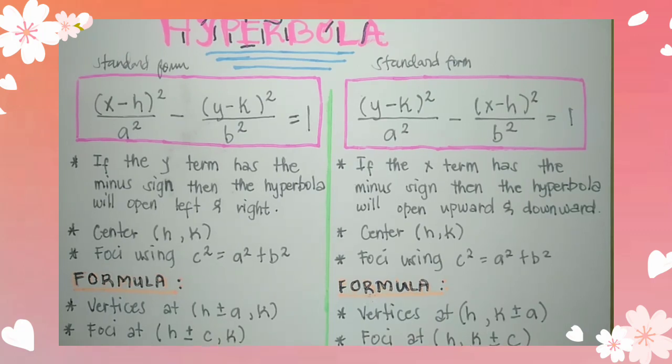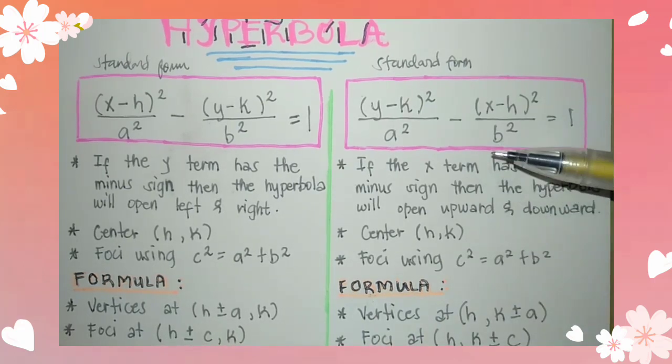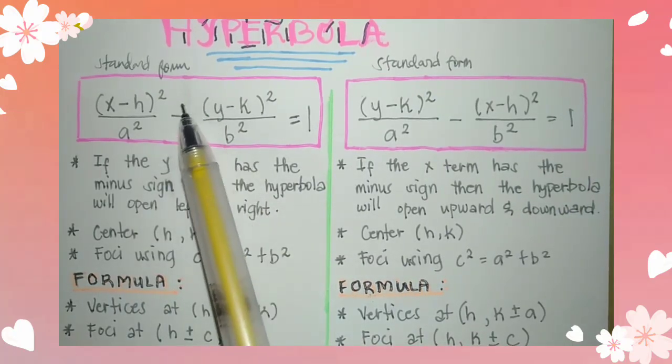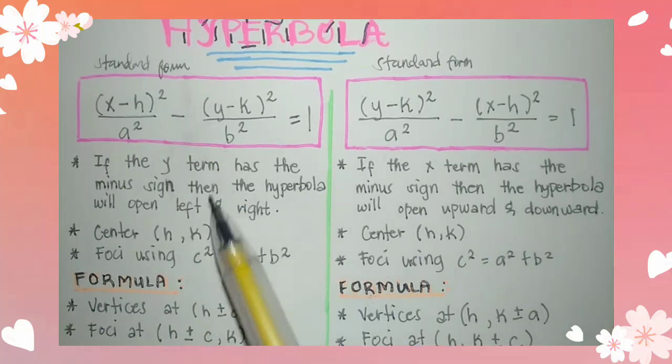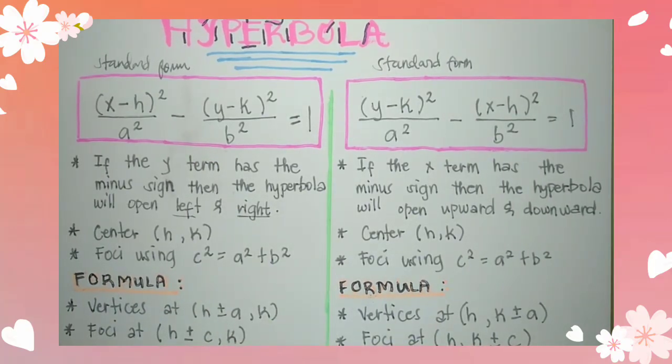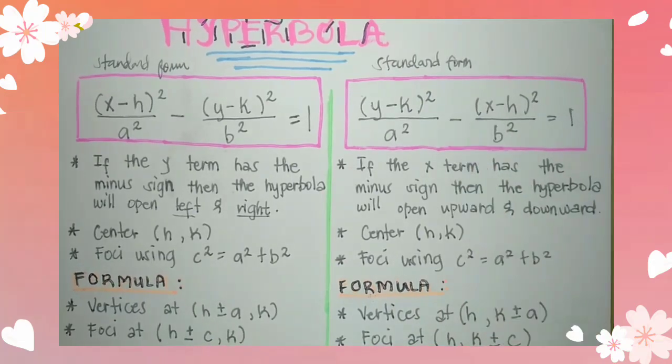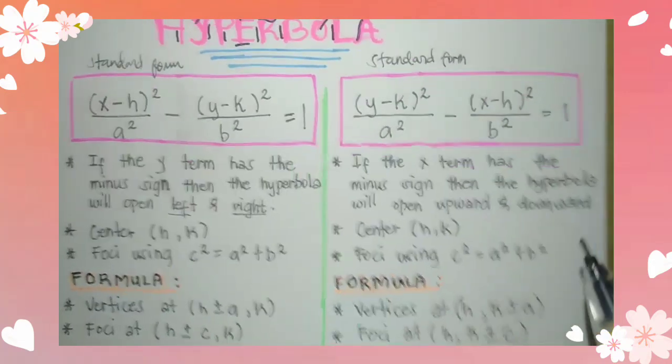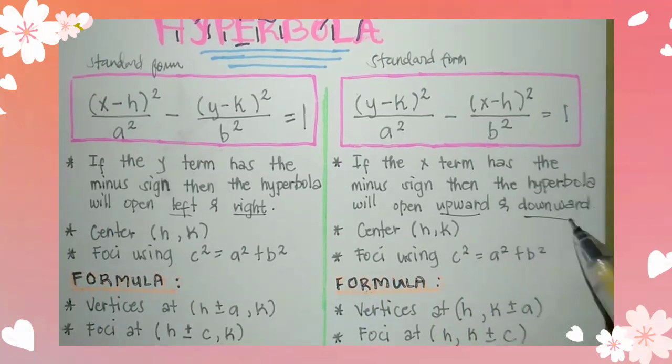So yun yung pinaka-formula natin dito naman kay upward and downward. So ano yung differences nila? Kapag si y yung may minus sign, then our hyperbola opens left and right. The next one, kapag naman si x yung may minus sign, ang hyperbola natin opens upward and downward.